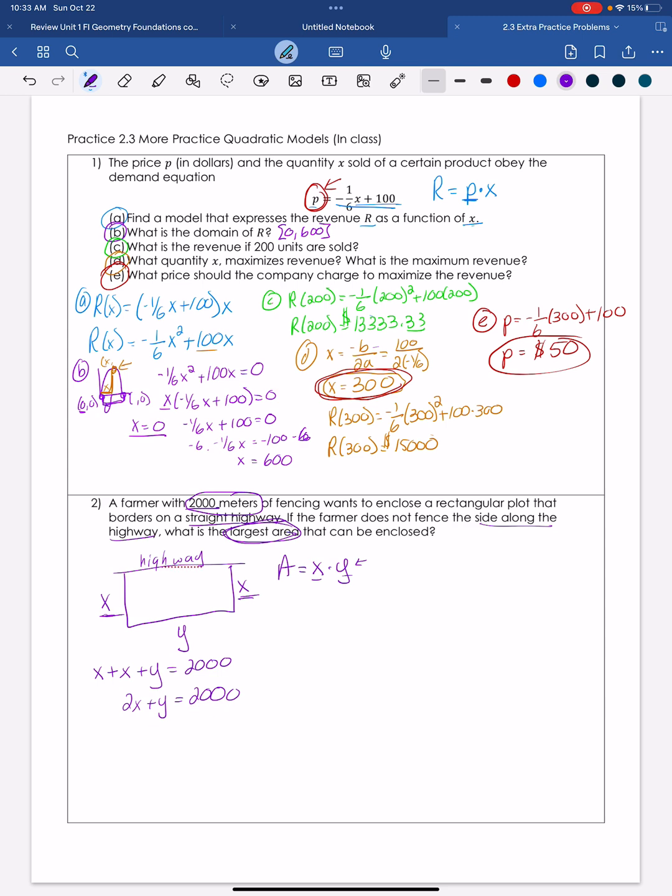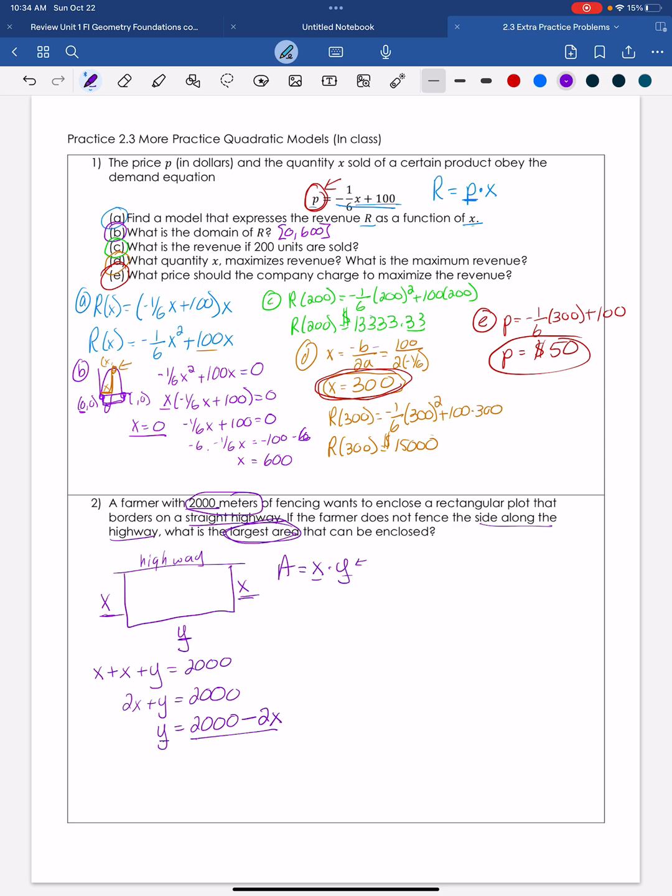The problem with this is that X can't just be anything because I only have 2,000 meters of fencing. So I know my Y side, this side right here, is going to be equal to 2,000 meters minus 2 times my X value. My Y is restricted by that.